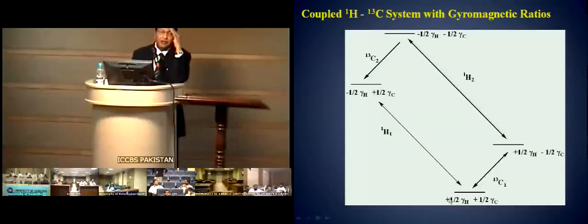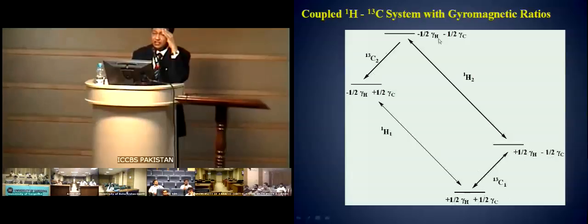And this is negative half proton. In this you see the transition of only carbon, so carbon goes from plus to minus. And here you see a transition of proton into a negative.